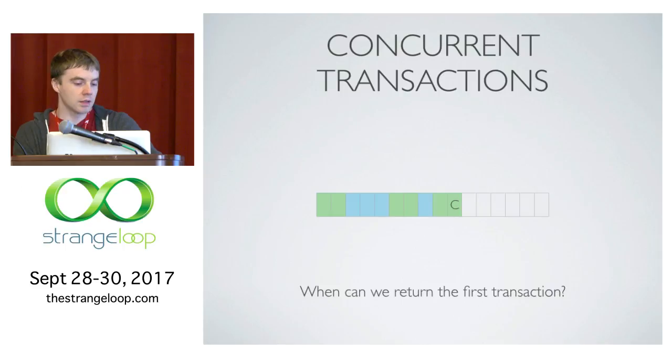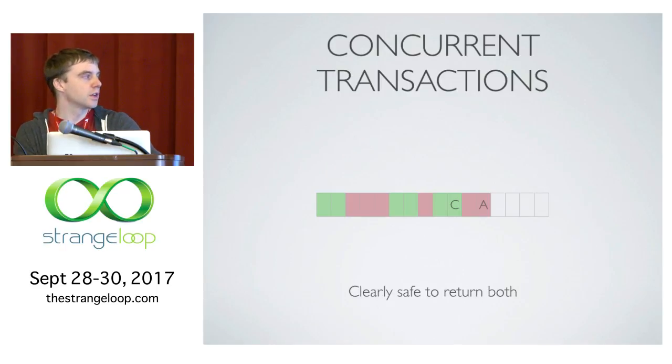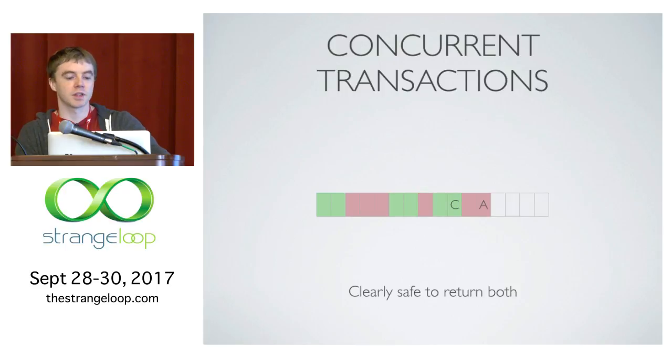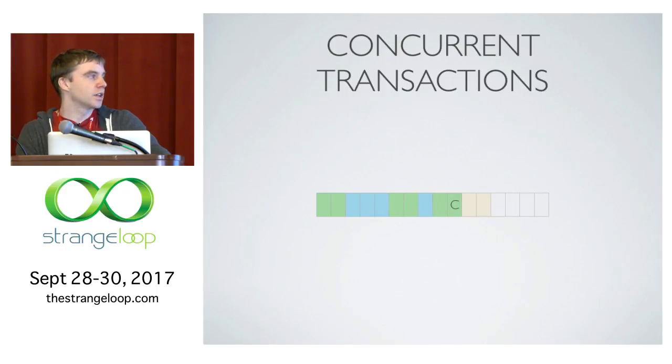Are we bound to wait for the other transaction to complete first so that we can return the whole transaction, or can we return only a part of it? In a simple case, we might immediately see the abort marker come next for the other transaction, and it's clearly safe to return all of this data. But in another case, it could be that we have another transaction begin before we see that abort marker.